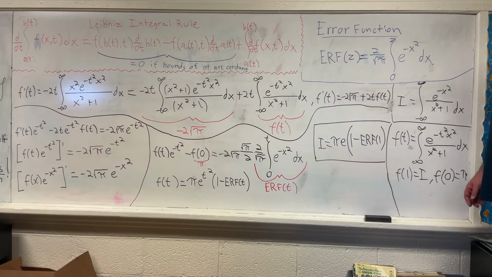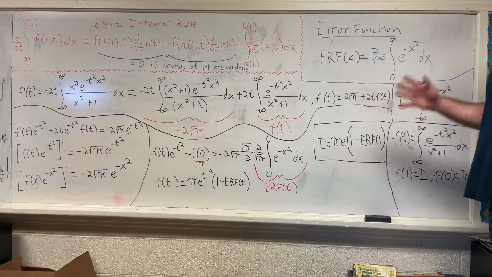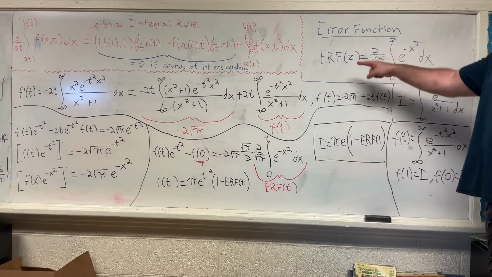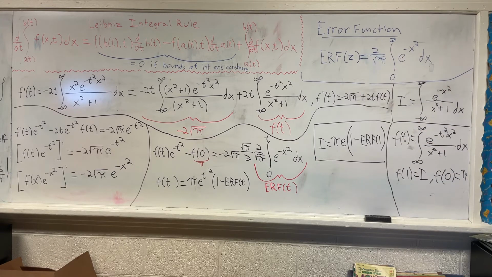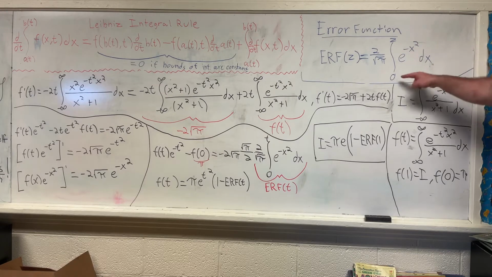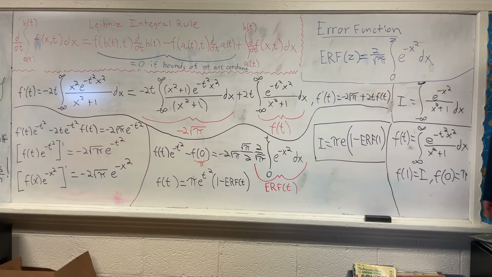Anyway, the error function is defined such that ERF, error function, of some value z is equal to 2 over the square root of pi times the integral from 0 to z of e to the negative x squared dx.